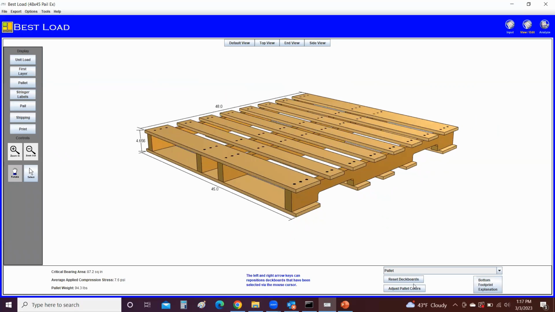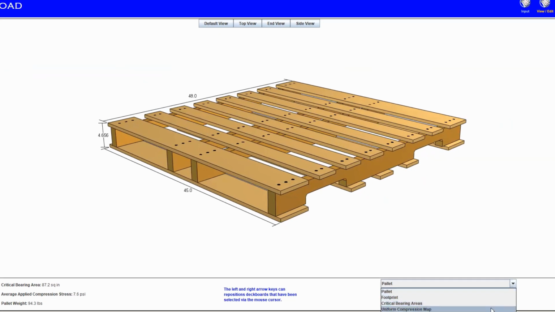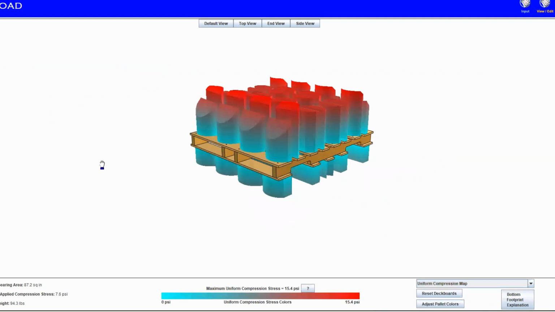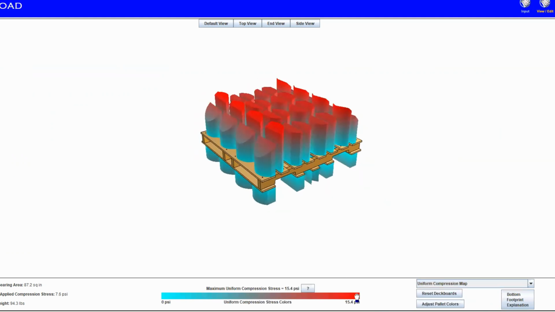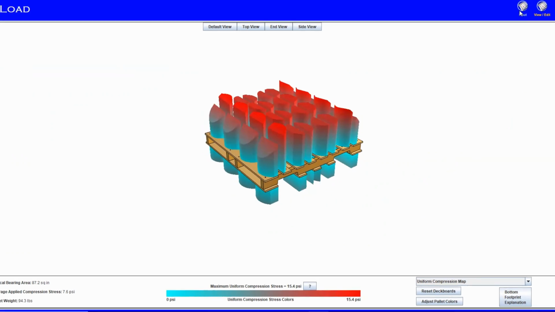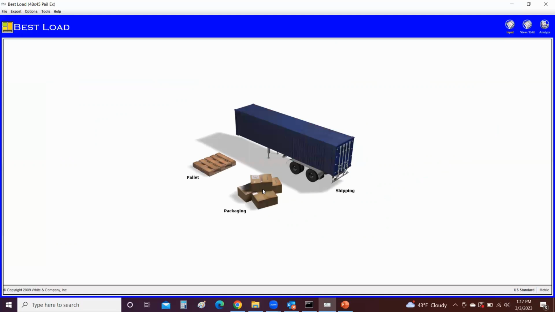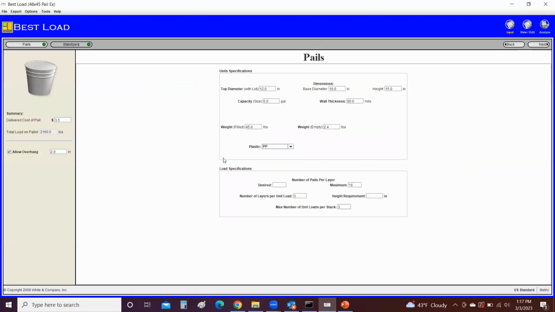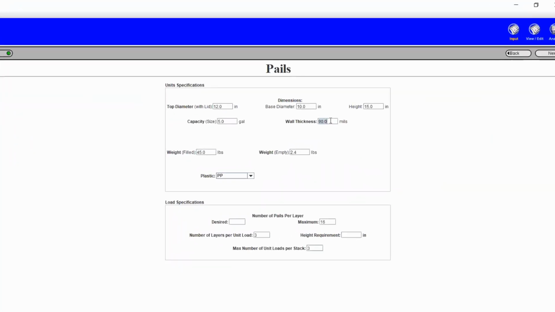Furthermore, the stress on the pail has been reduced to 15.4 psi, effectively allowing us to reduce the pail wall thickness from 90 mil to 80 mil.